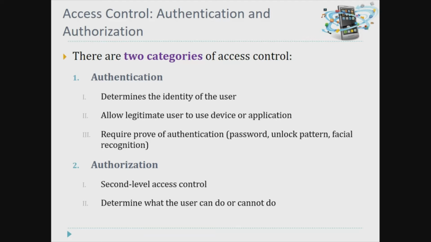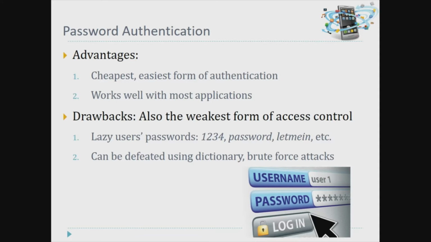That refers to authorization. So authorization is to determine what the user can do and what the user cannot do. Those are the categories of access control, how you control your mobile application based on authentication and authorization.